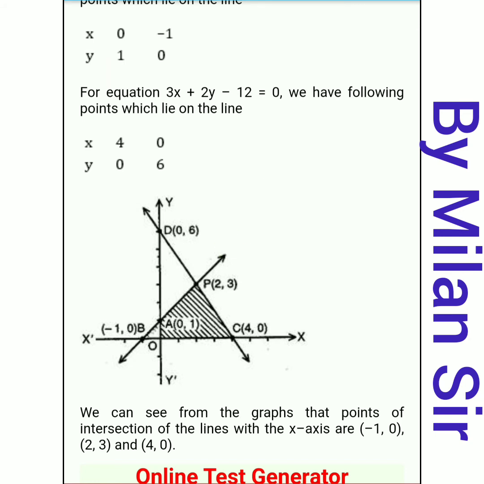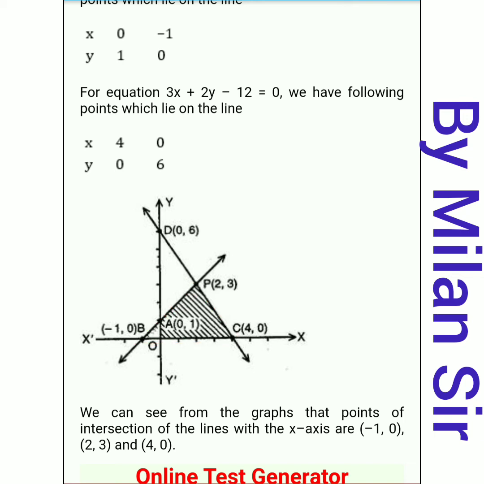Now for the second line, (4, 0) lies on the x-axis, right? Because y is 0. Then (0, 6) lies on the y-axis because the x coordinate is 0. Then pass one line through these 2 points, you will get this line. Okay, so two lines are ready. Now these two lines make this triangle with the x-axis, right?